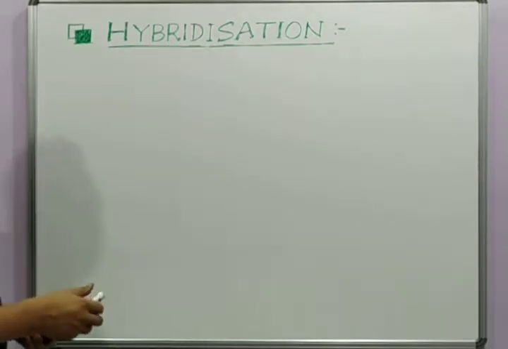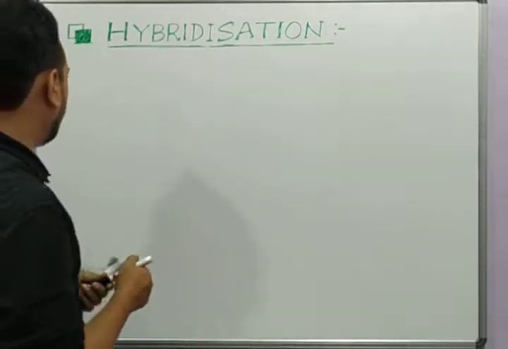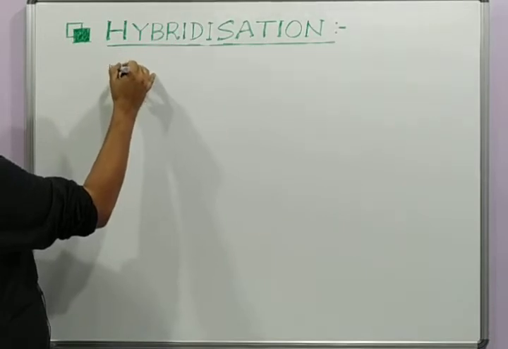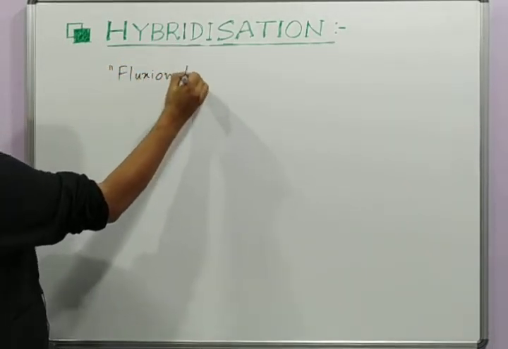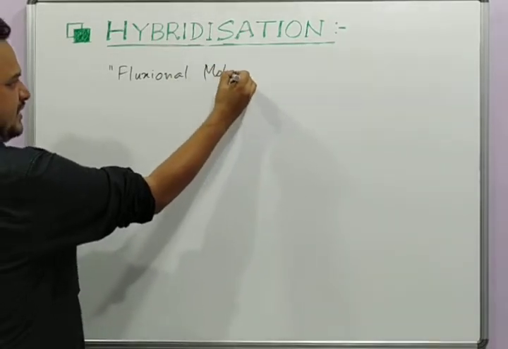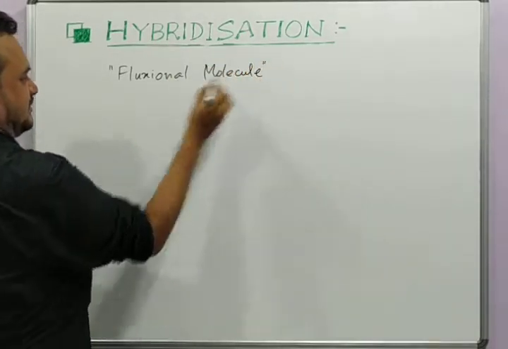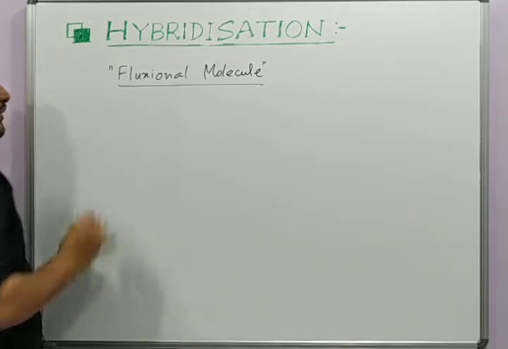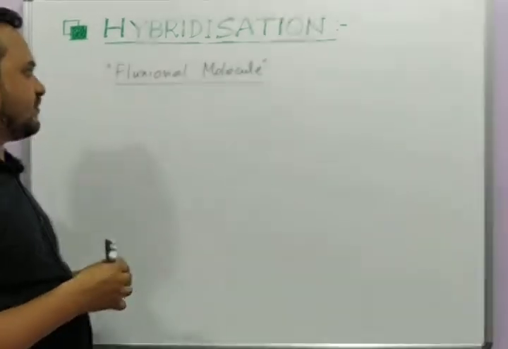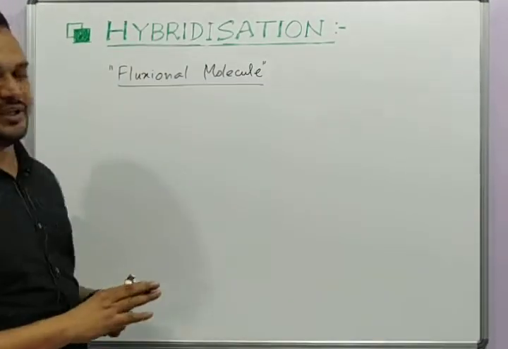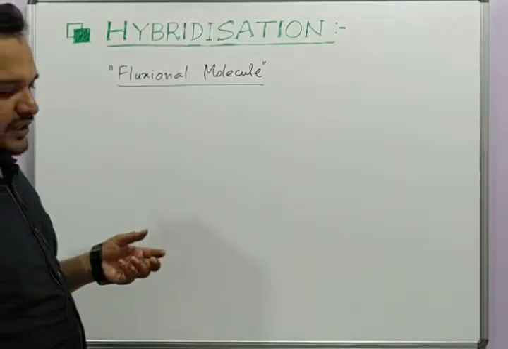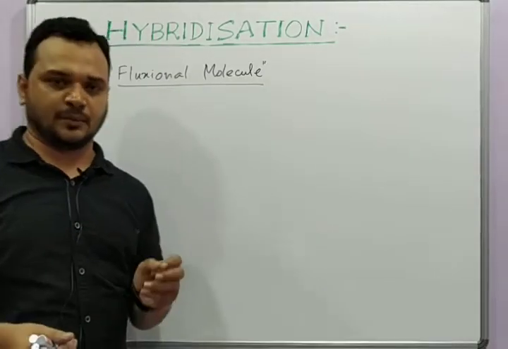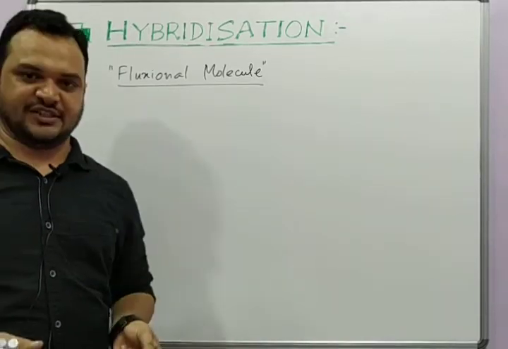Later in advanced theory, we will also discuss one thing known as fluxional molecule. Okay, for now we are skipping this because it is an advanced theory. We will discuss fluxional behavior of a molecule, where we will show that if a molecule contains both axial and equatorial bonds, they can interchange.